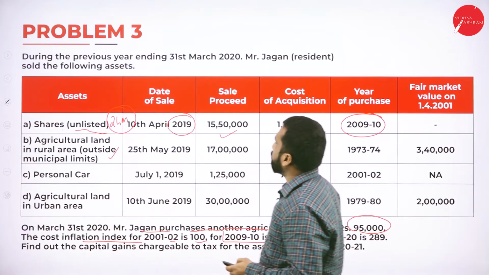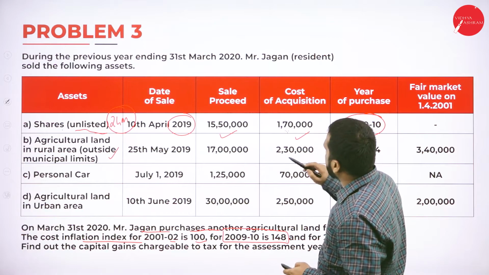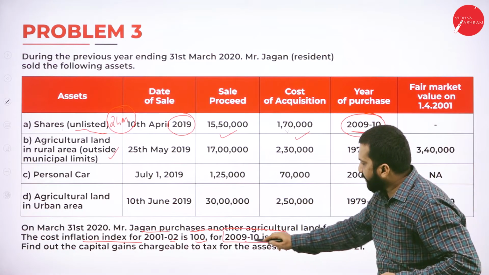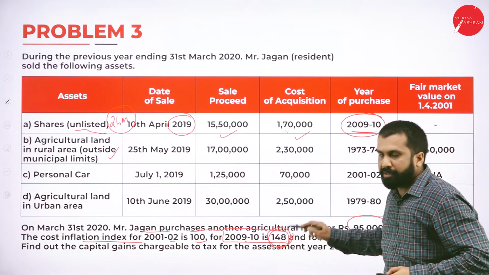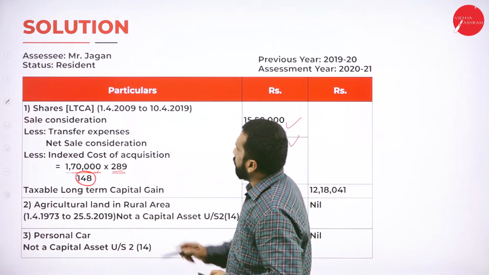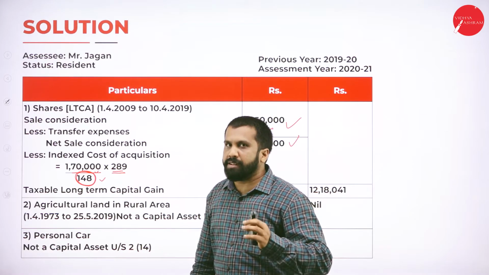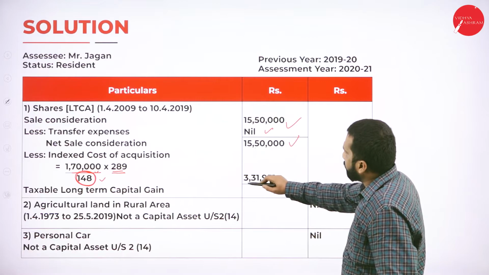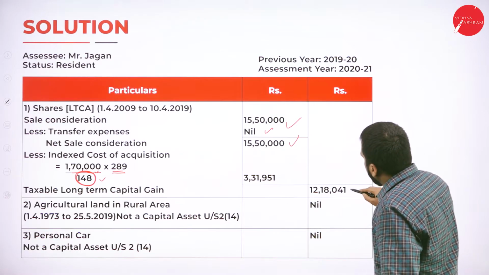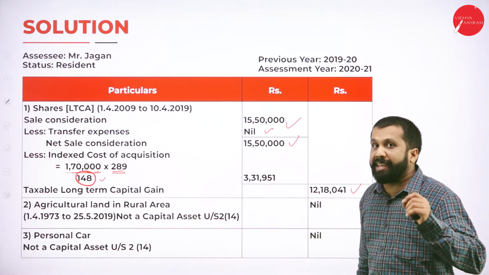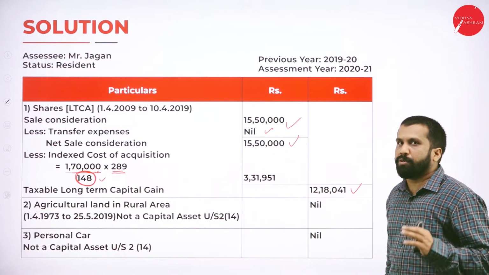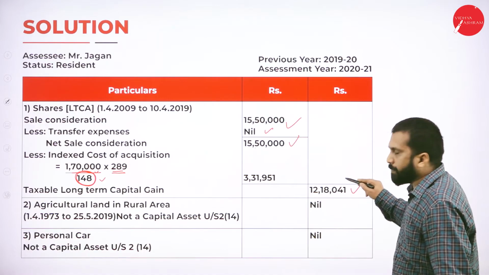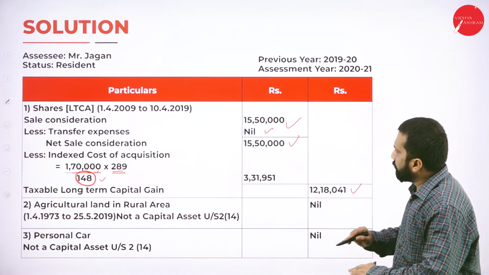It was purchased in 2009-10, and you have 148. So take 148. Now calculate 15,50,000 minus 3,31,000. It will become 12,18,041. Hope you are clear. What is the answer? 12,18,041. Now this is done.